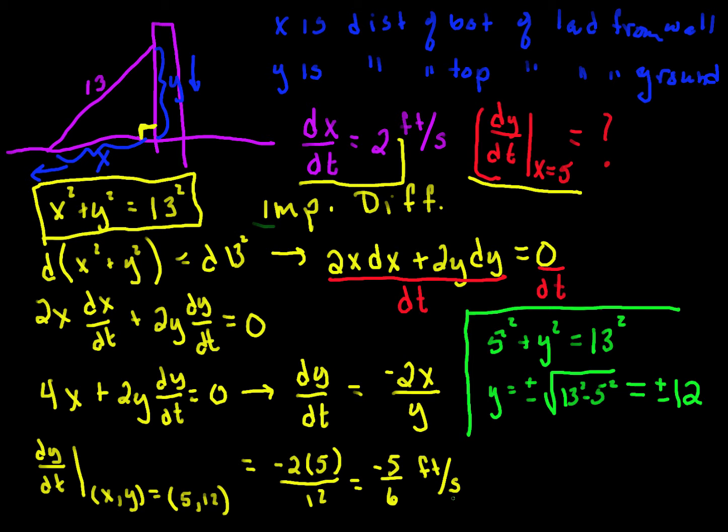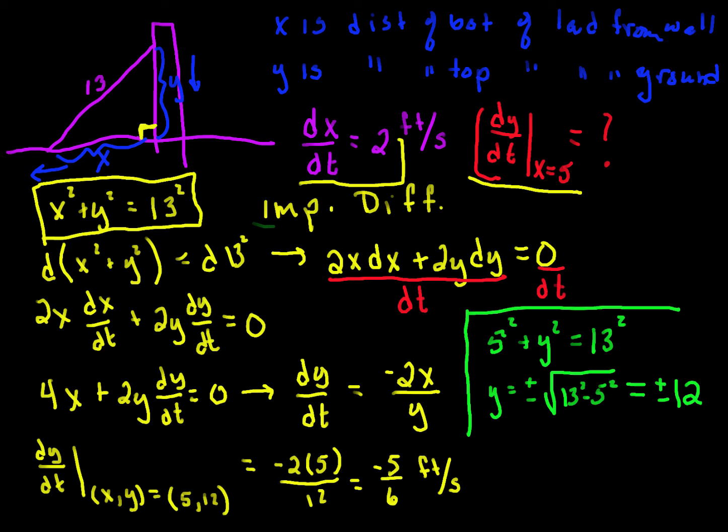So we determined we were going to use implicit differentiation, and we've solved it. And let's make sure that our solution makes sense. We found that the rate at which y is changing is negative 5/6 feet per second. So the negative means that it should be decreasing. Well, let's look at the picture, and that makes sense because the height from the ground is decreasing.